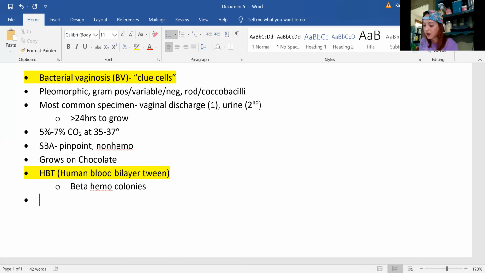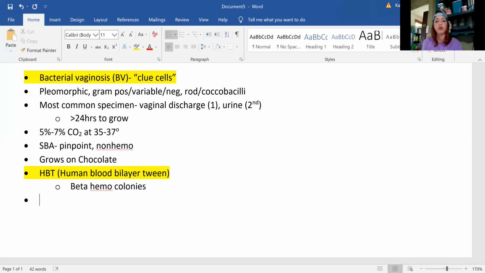Here on 356, additional identification methods. Amsel's clinical criteria can also be used to diagnose BV if 3 or 4 criteria are found: a homogeneous, thin, white discharge that smoothly coats the vaginal walls, clue cells, a pH of the vaginal fluid greater than 4.5, and a fishy odor of vaginal discharge before or after the addition of 10% potassium hydroxide, which is called the whiff test.